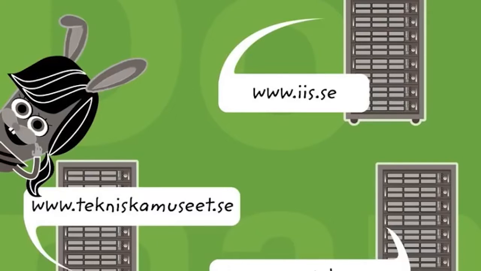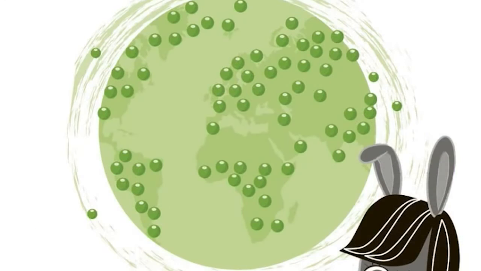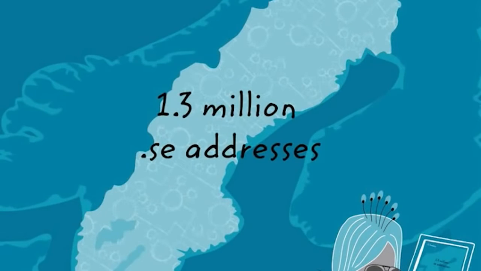It is the servers that have domain names, not the computer, mobile, or tablet. There are around 250 million domain names in the world. In other words, there is unbelievably much to discover on the internet. Addresses that end in .se have a connection to Sweden, and there are around 1.3 million .se addresses.